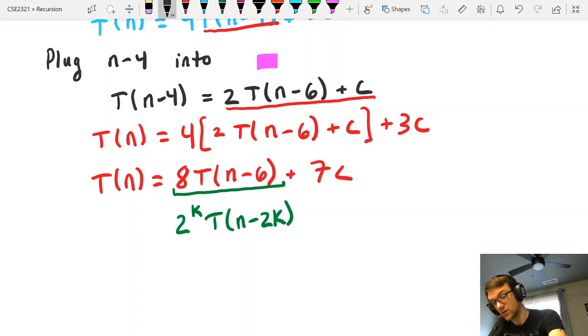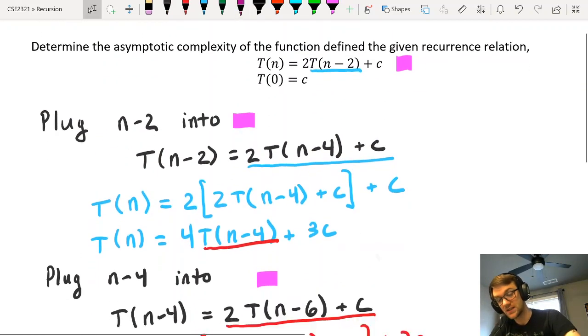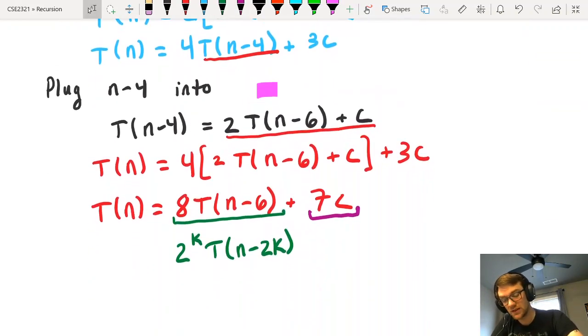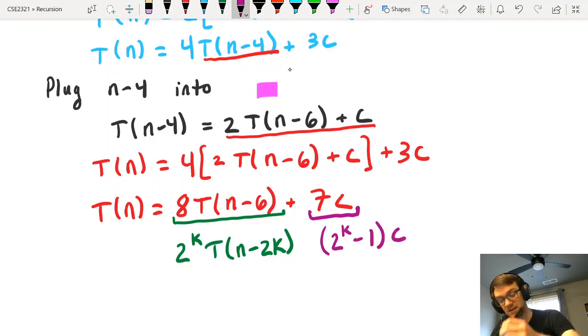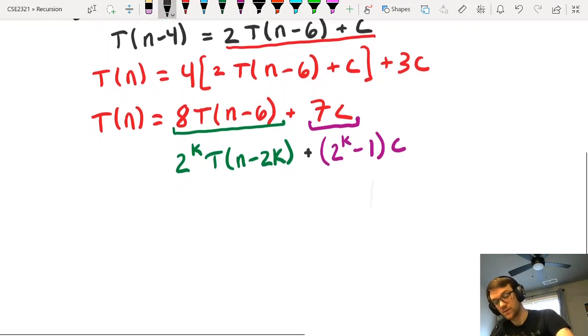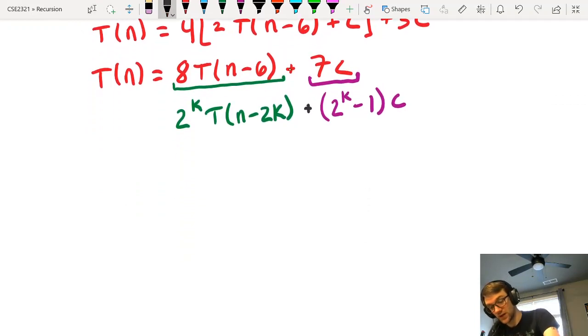This last term over here, the 7c, the 3c, and the c, we'll notice that's actually always 1 less than the coefficient in front of t, and that will always hold. So maybe we are very clever and notice that that is 2 to the k minus 1 times c. And again, it's 2 to the k minus 1 because it's 1 less than the thing in front of t. So this is going to be true for any value of k.